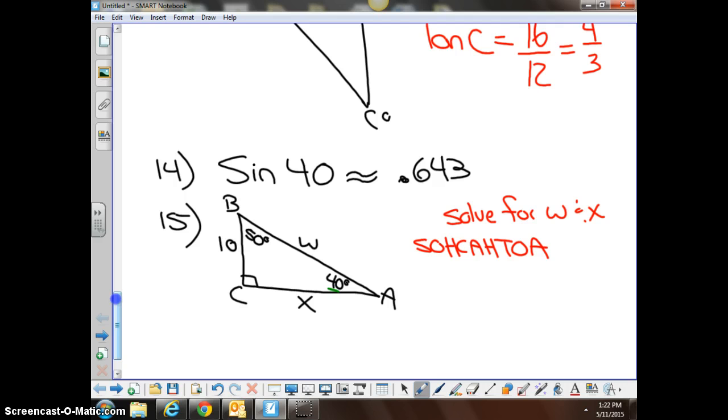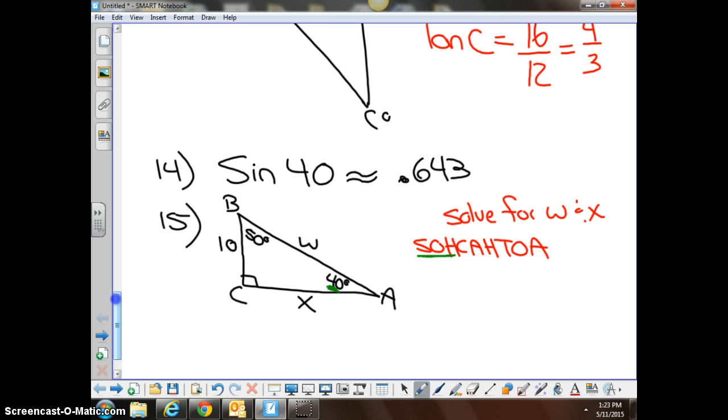And I know sine is opposite over hypotenuse, right? So if I look at 40 degrees and I look at my opposite, what do I get? 10. When I look at my hypotenuse, I get what?